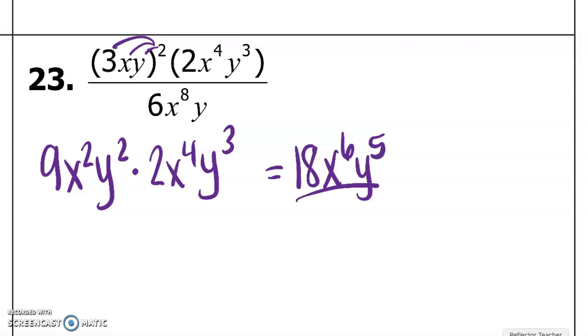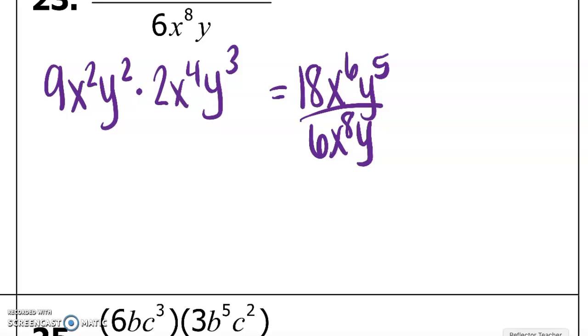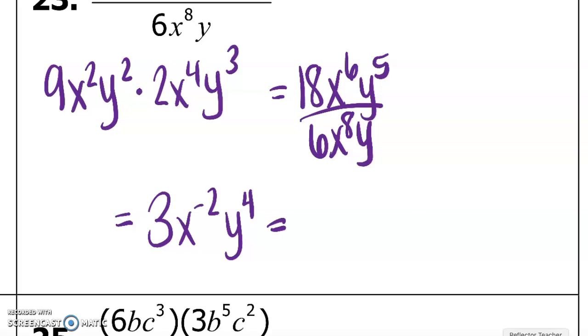That's over 6x to the 8th y. So 18 over 6 is 3, x to the negative 2, y to the positive 4. So your final answer, the x to the 2 would go to the bottom, 3y to the 4th would stay on the top.